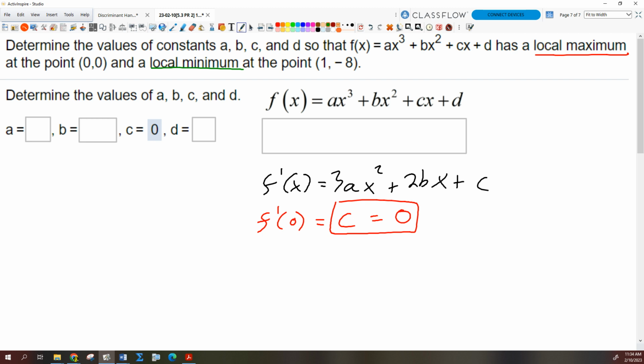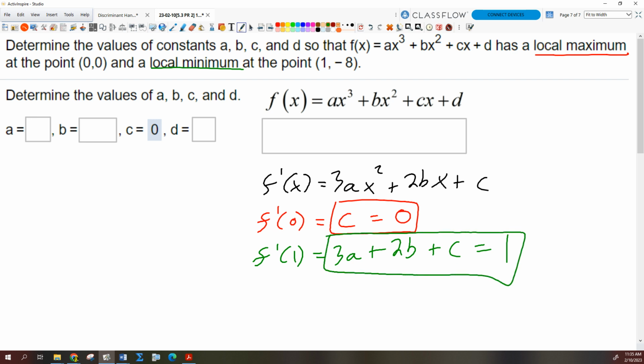You see what I'm saying? So f prime of 1 has to equal 0, right? Well, what is f prime of 1? f prime of 1 is just going to be 3a plus 2b times 1 plus c, and that's equal to 0. Okay, so there's another equation. We got two equations. Where are we going to get the other two?